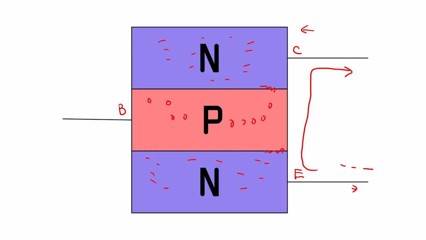And these are doped in such a way that this depletion region is smaller than this depletion region down here. So as these electrons try to fill up the holes in this depletion region, they kind of get stopped because there's not enough to go through.